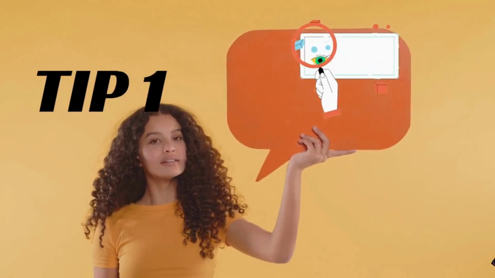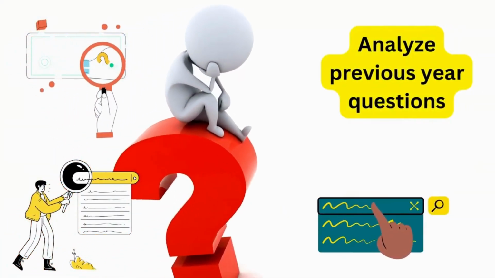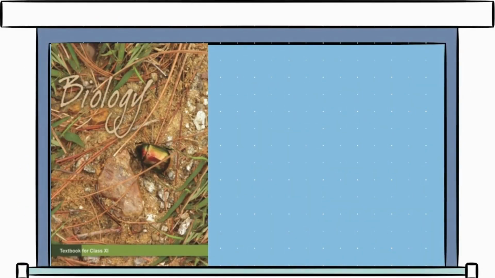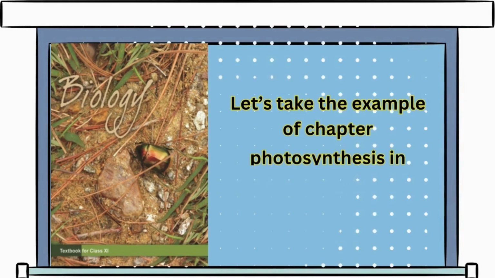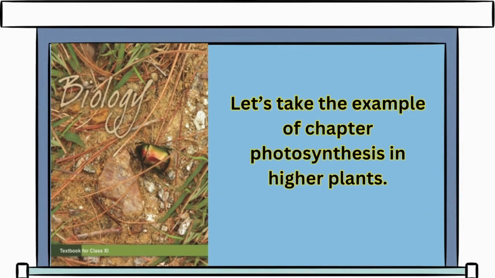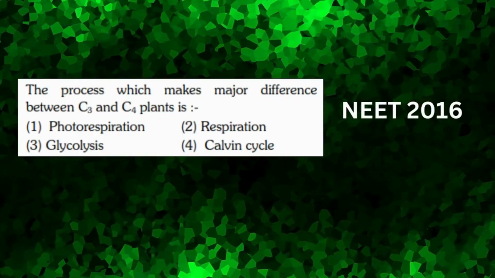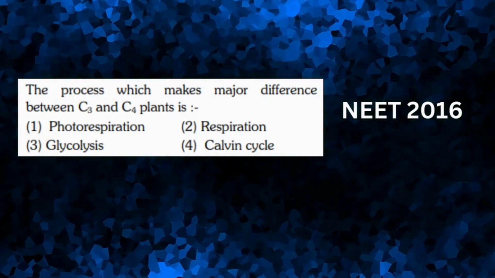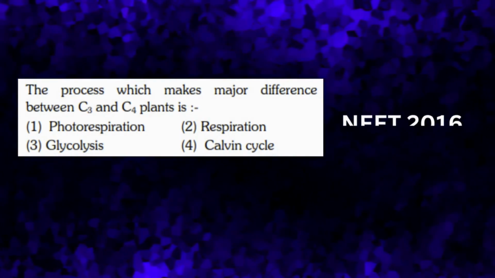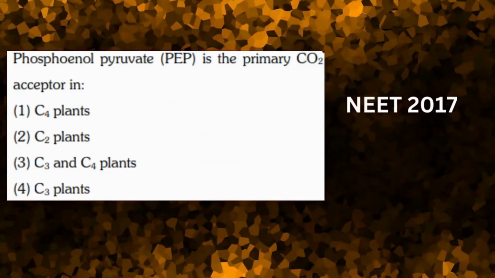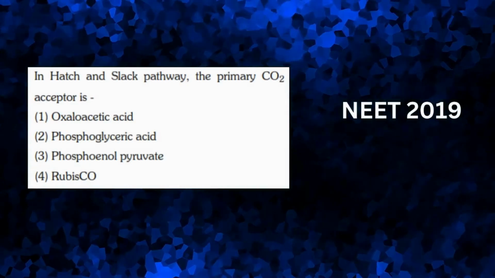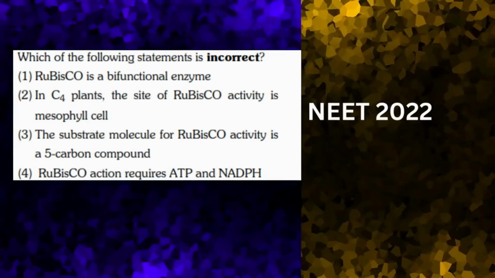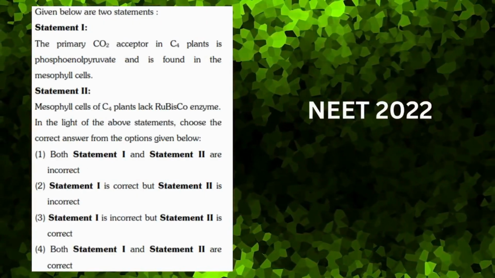Tip number 1. Before you start reading any chapter, always analyze the previous year questions of that particular chapter. Let me take an example of photosynthesis in higher plants. Now, look at the questions which came in the previous years from this chapter. This question came in NEET 2016, NEET 2017, NEET 2019, NEET 2020, and NEET 2022.